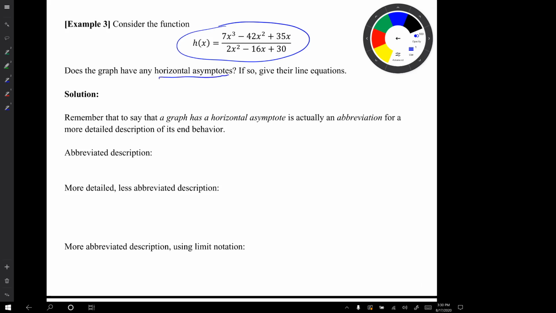Well, the connection that we have to make is to realize that a graph having a horizontal asymptote, that phrase, is actually an abbreviation for a more detailed description of the graph. So the more detailed description of a horizontal asymptote might be this sort of thing.